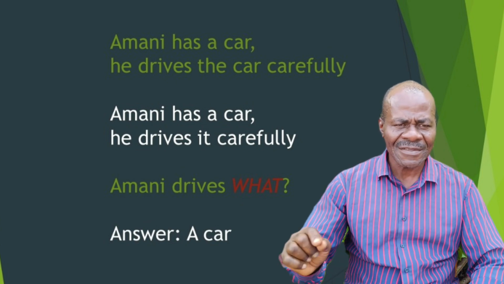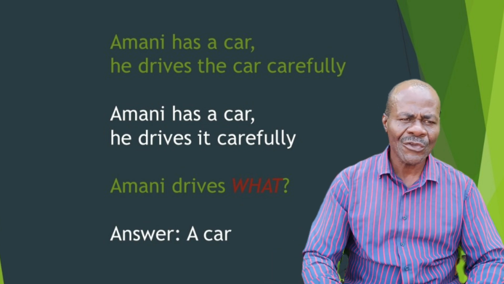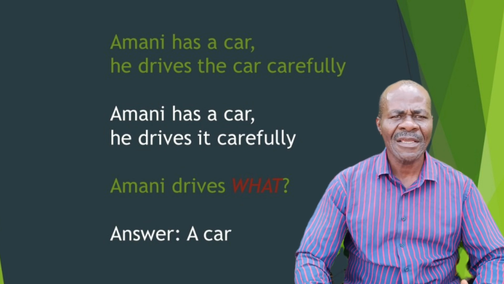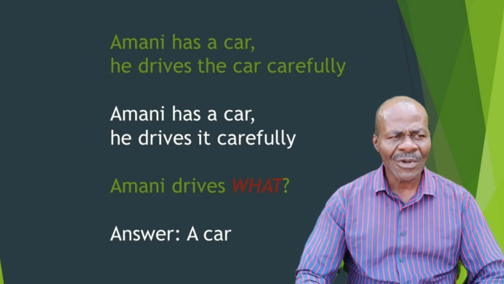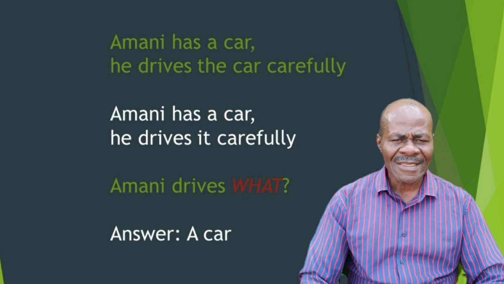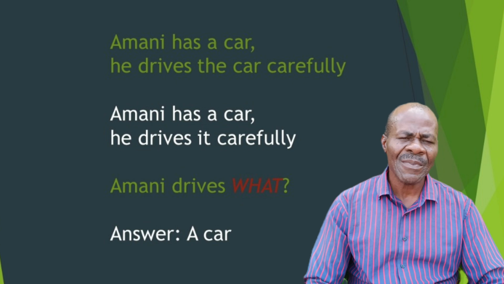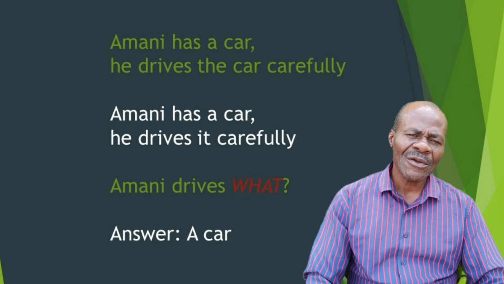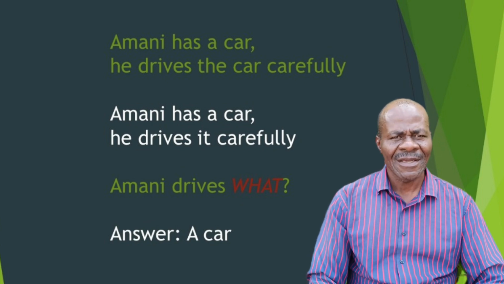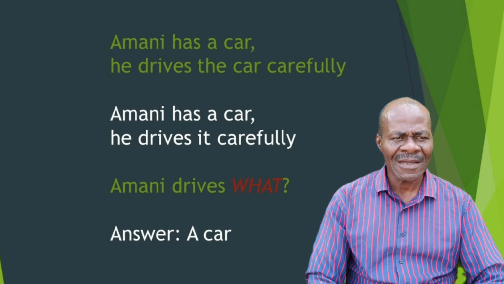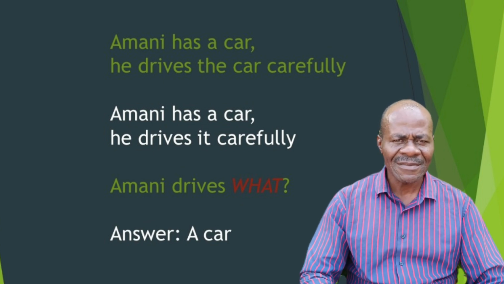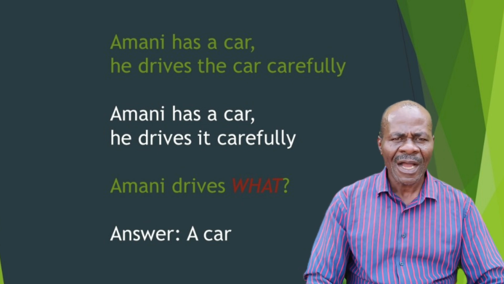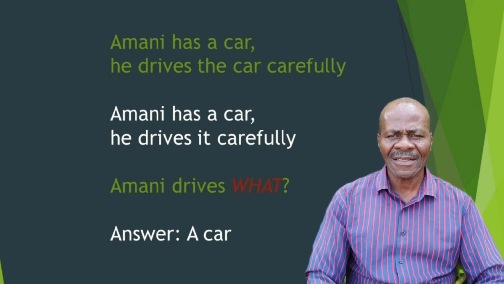He drives the car carefully. If you look into these two sentences, we have car appearing twice. So in order to avoid repetition, the second car must be replaced by a pronoun. In English, the appropriate pronoun is it. Amani has a car. He drives it carefully.